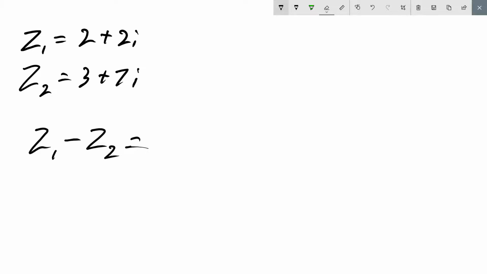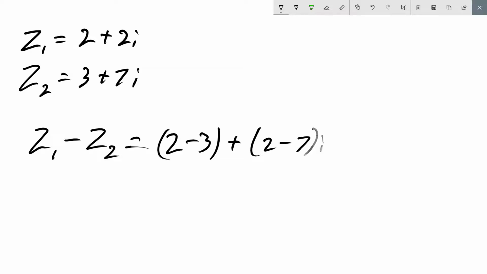So z1 minus z2, well, z1 is 2, and 2 minus 3 plus 2 minus 7i. And then we can say that this is just -1, and this is -5i, and that's our subtraction.